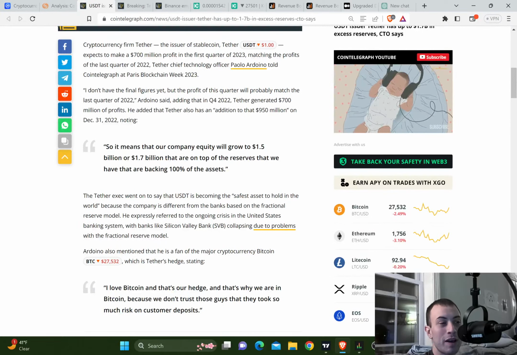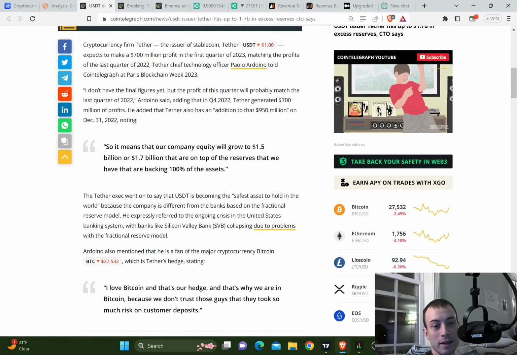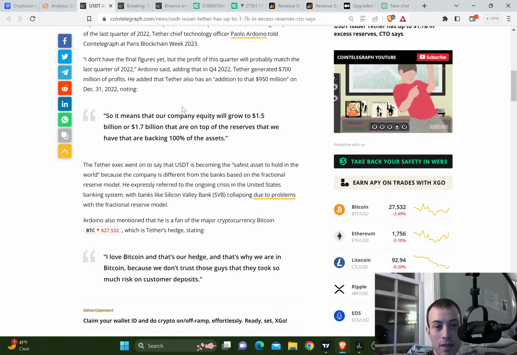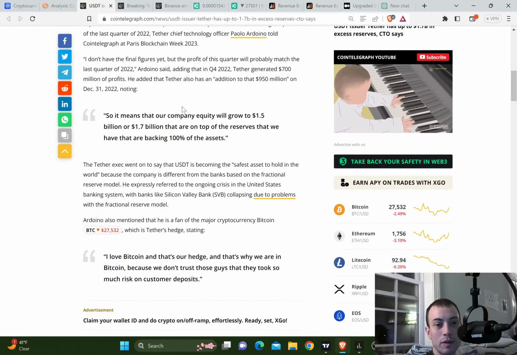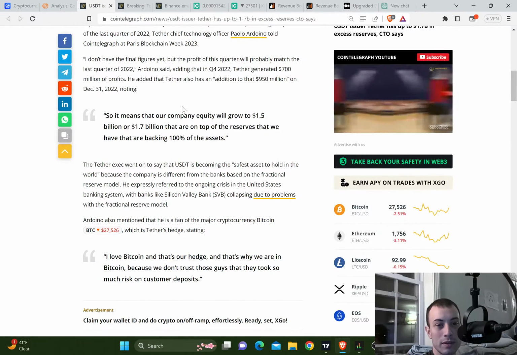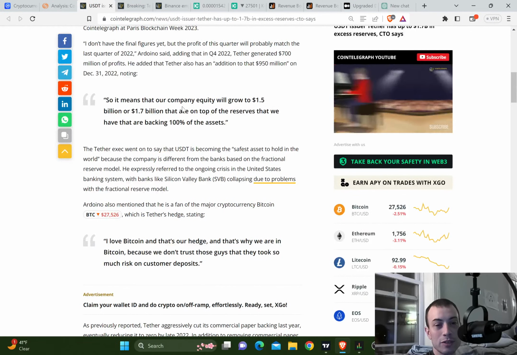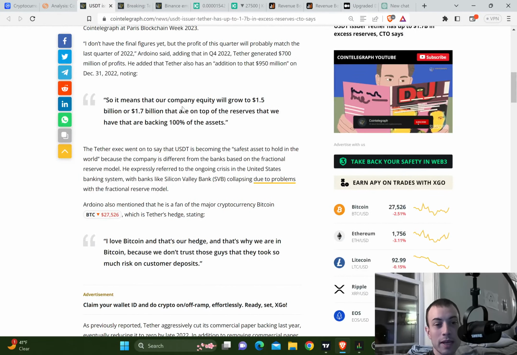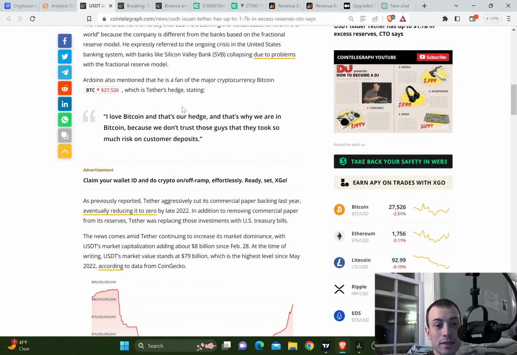So if I give them $10, they'll loan it out, for $100, 10 times that. In this case with Tether, they have over collateralization. So if they have $100 of deposits, they have more than $100 to back up those deposits, which makes Tether seem like a better bank than the actual banks, if that's the actual case.